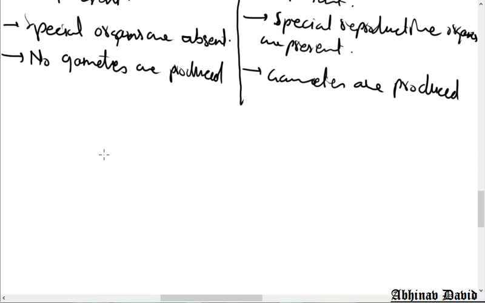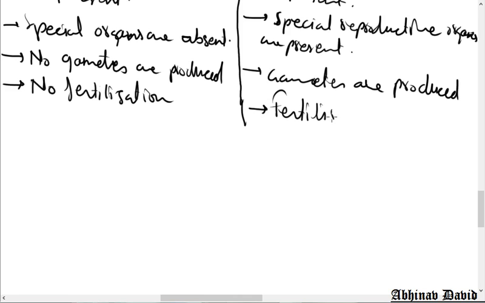Now, what is the next difference? Is there any fertilization taking place? In asexual reproduction, no fertilization. In sexual reproduction, fertilization takes place and a zygote is formed.